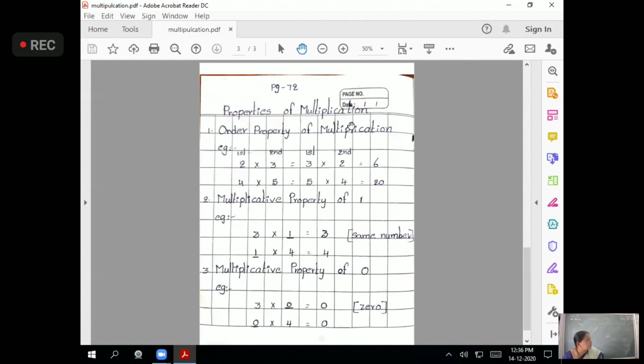Properties of multiplication. Okay, keep the heading. Properties of multiplication. Start writing. Keep the heading. This is page number 72 in the textbook. This topic is from page number 72. Keep the heading properties of multiplication.